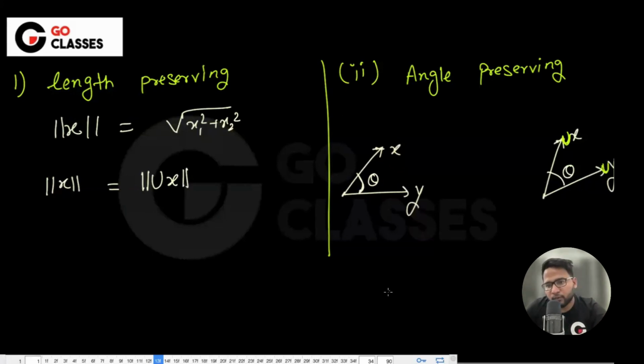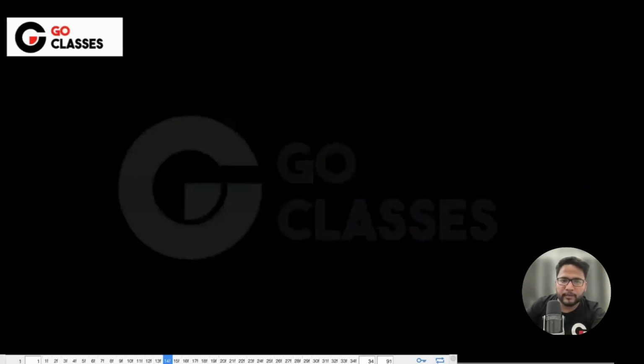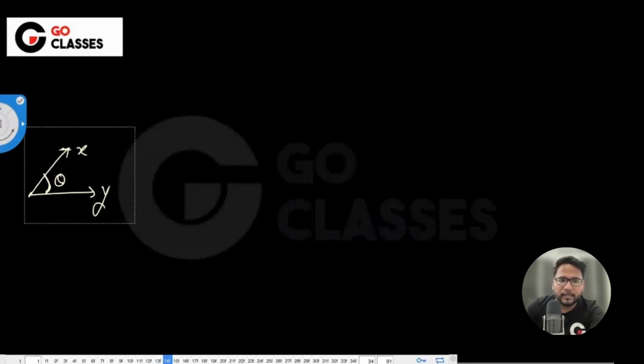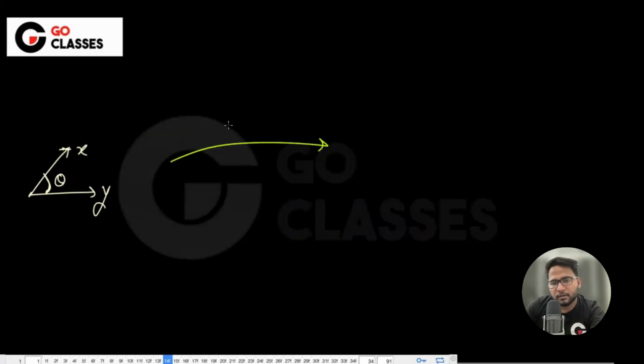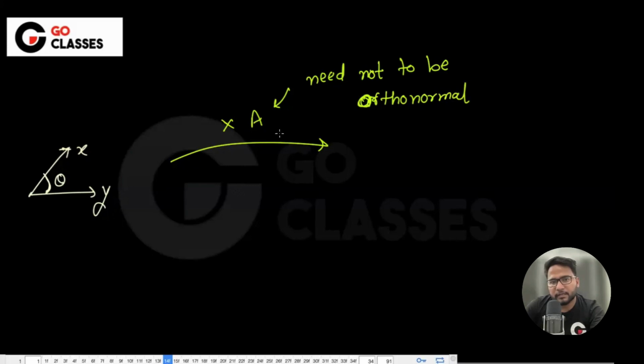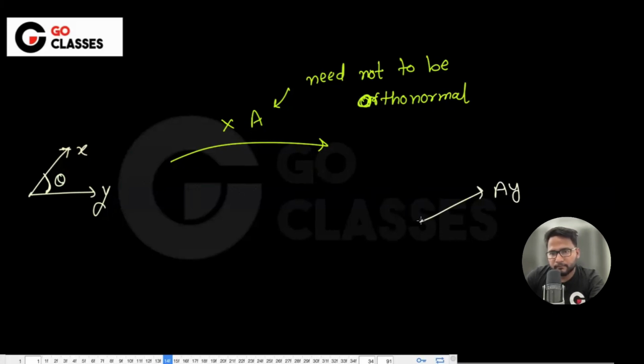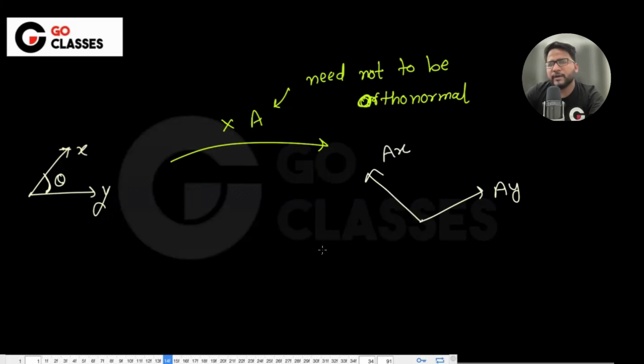For any arbitrary matrix, what may so happen: if you take this, and then multiply, let's suppose y, by some A, which need not be orthonormal, then it may so happen that you get a different angle.